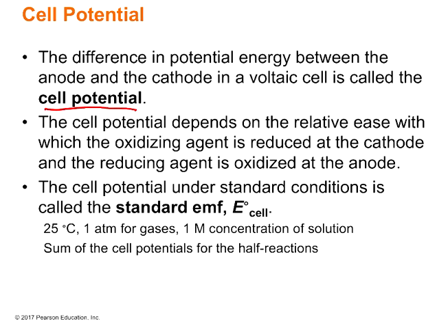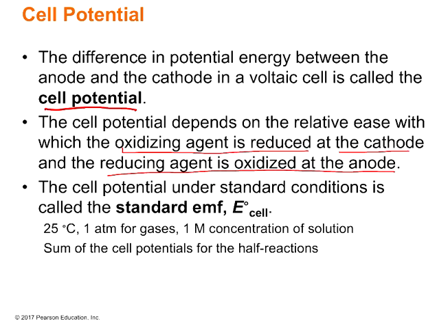So that cell potential depends on how easily the oxidizing agent is reduced at the cathode and how easily the reducing agent is oxidized at the anode. So if one side doesn't oxidize very easily or the other side doesn't reduce very easily, then we're not going to have a significant flow of electrons.